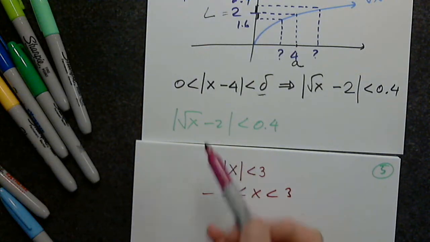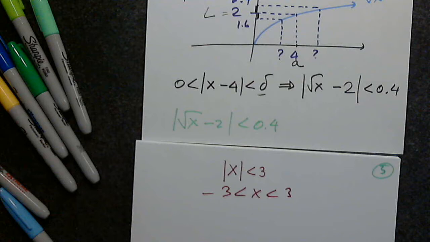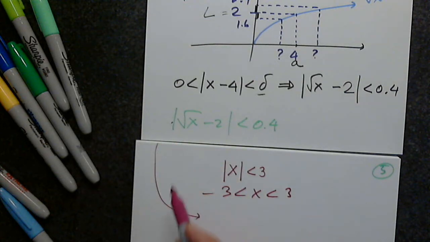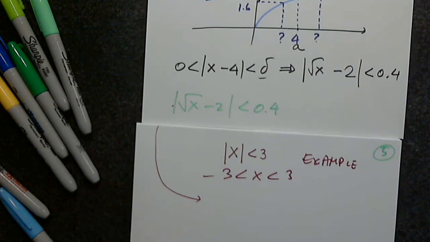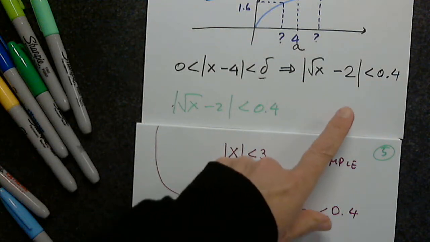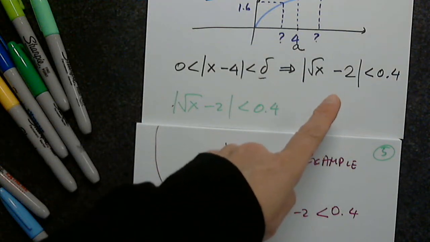In the same way, we have to solve this. So can anyone give us an idea what to write next? This was just an example. Negative 0.4 less than, very good, less than, excellent. So in order for us to get to delta, we have to solve this inequality first.